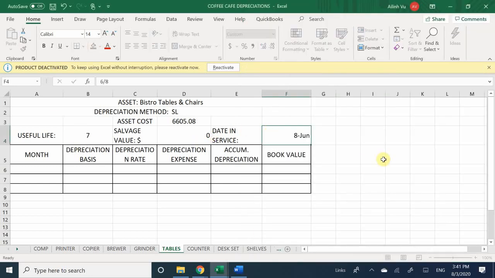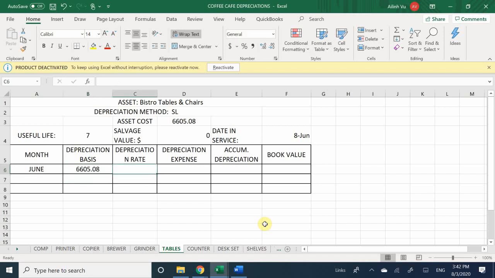So 6, 8. And we're looking for the month of June depreciation. Straight line. So what's the depreciation basis here? Cost of asset minus the salvage value. Good.